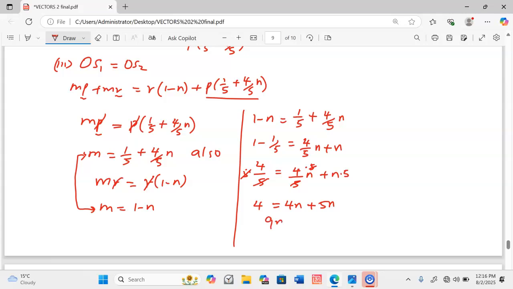That will give us a total of 9N being equal to 4. You divide both sides by 9, N is going to be 4 over 9.